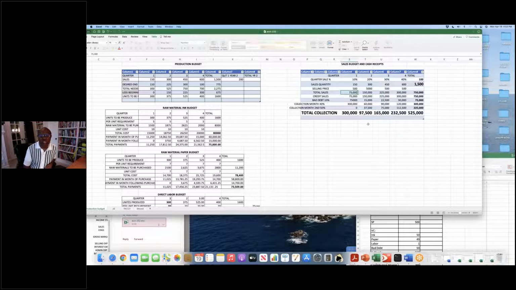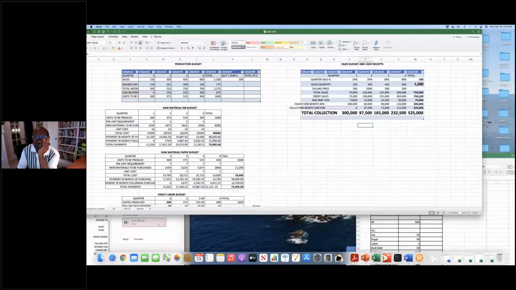So this is supposed to be 75,000, the total credit sales for the first quarter. I got 750 in there for some reason. Oh, that's terrible. Maybe it was a typo.